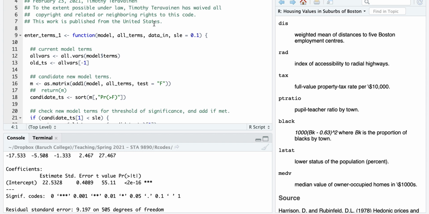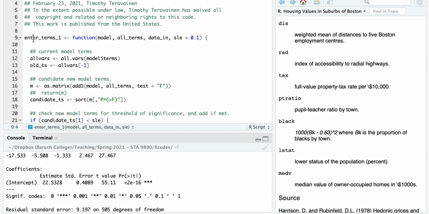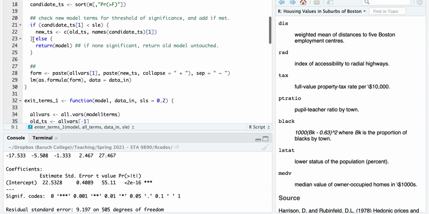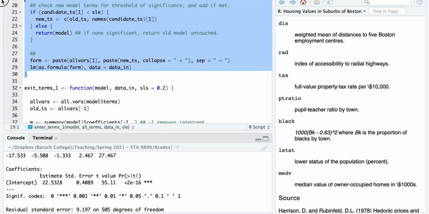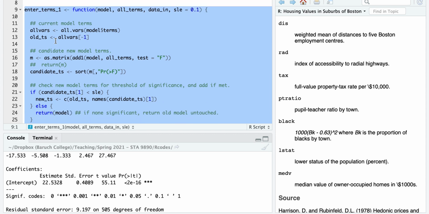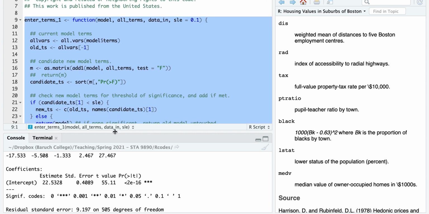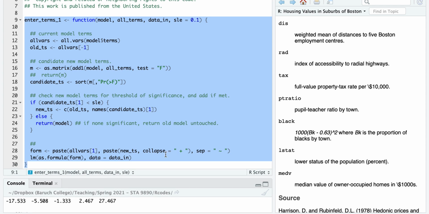Okay. So this file, stepper R, has 3 functions. Enter terms, which is from here to here, is about entering terms. So you start from the null model, a model which has no predictors, and then you add terms. This step is used in the forward selection part.